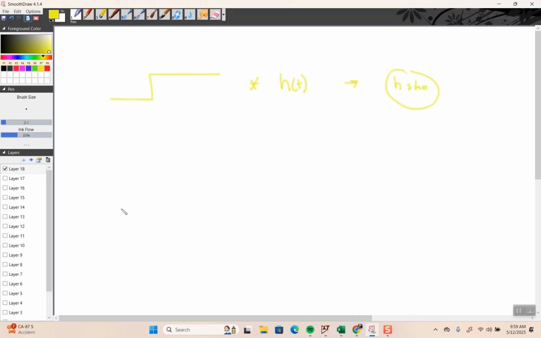But if I do this, if I take the FFT, I have to have a square wave, of the derivative of the FFT, and then I take the FFT of the system.